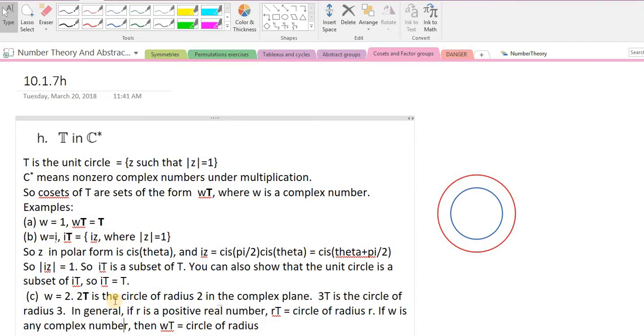Here I said if r is a positive real number, r has nothing to do with w. Let me write down the answer. The circle can't have a complex radius. It has to have a positive radius.